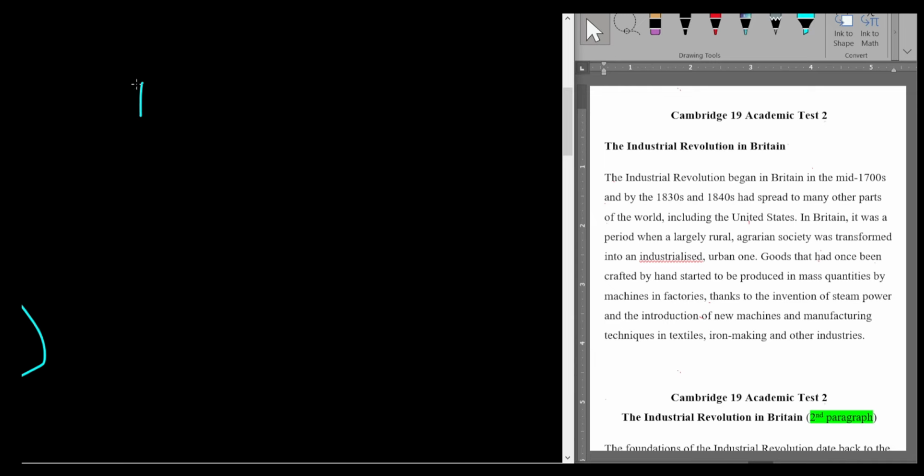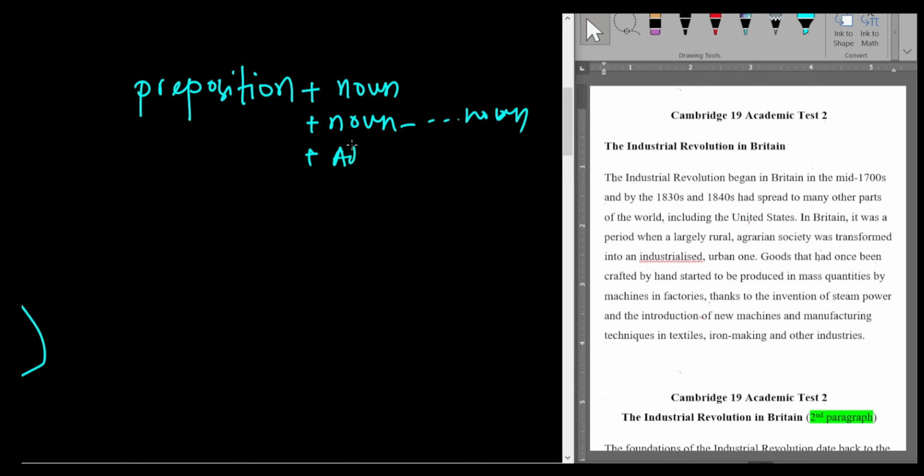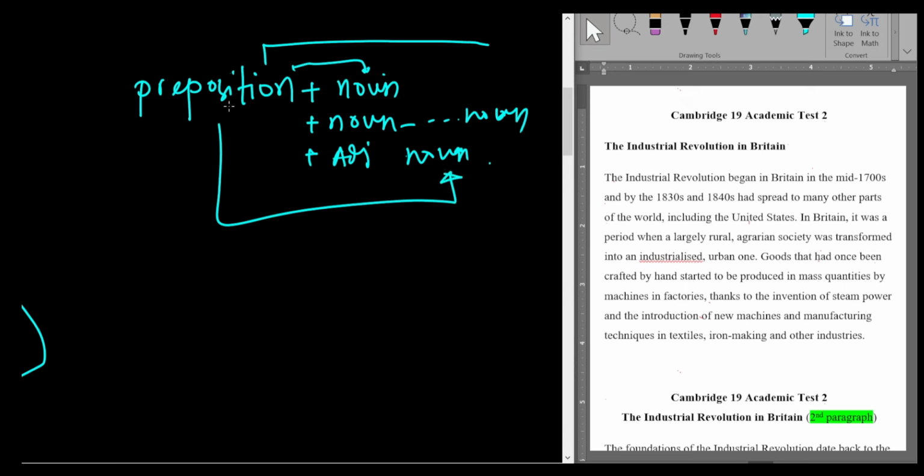The shortcut is that if we see a preposition, and there is a noun after the preposition, or multiple nouns, or any adjective or noun, whatever it is, the noun might be at a close distance to the preposition, or it might be far away.